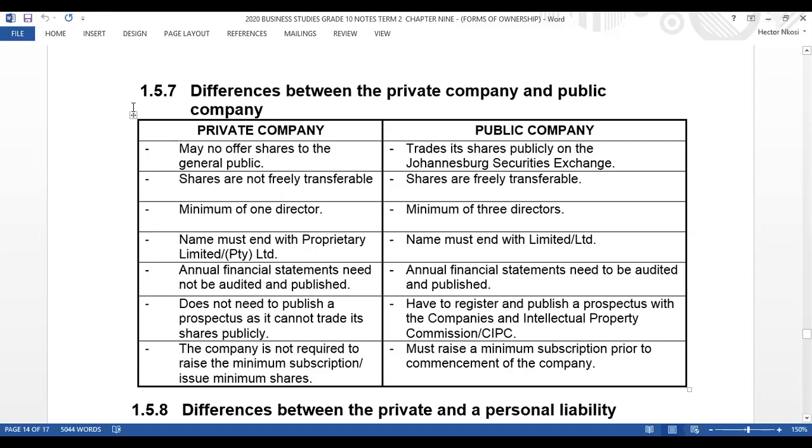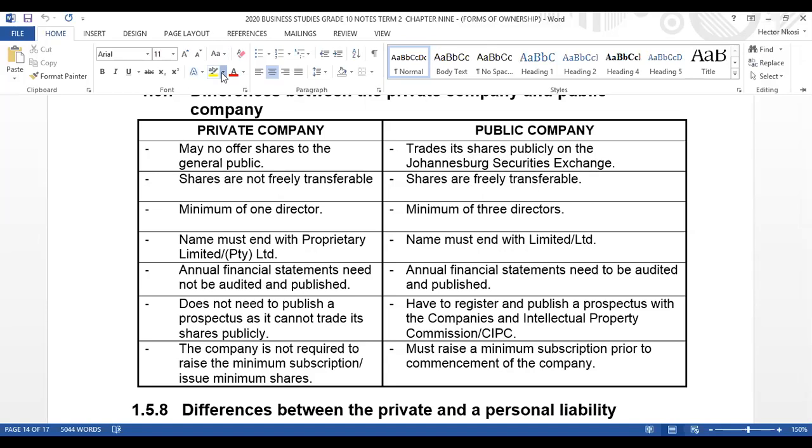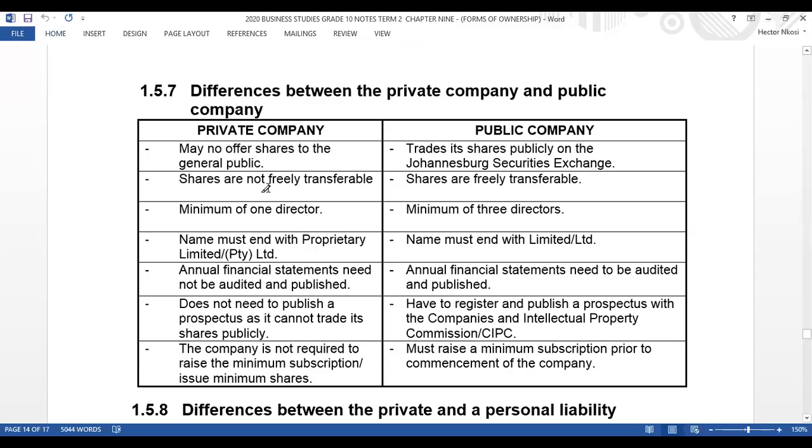In your private company, I need my highlighter so that I can highlight the important stuff. In a private company, you can have a minimum of one director, whereas in a public company, you must have a minimum of 3 directors.